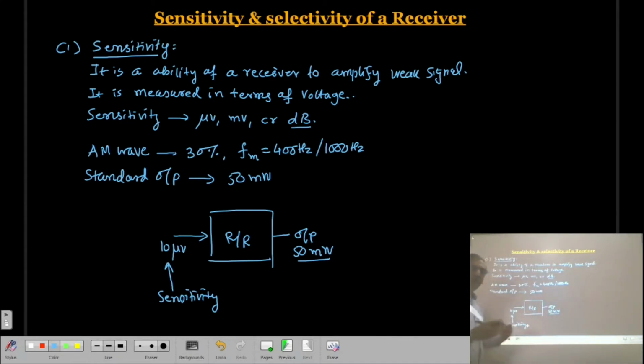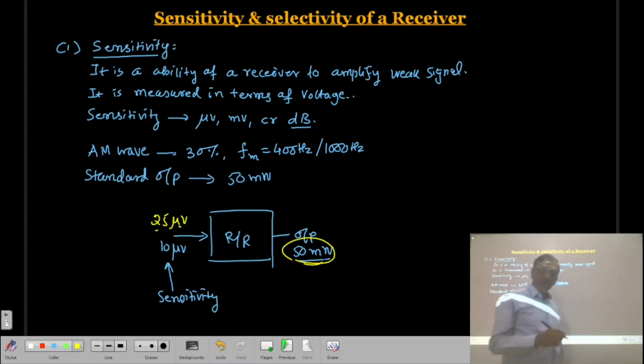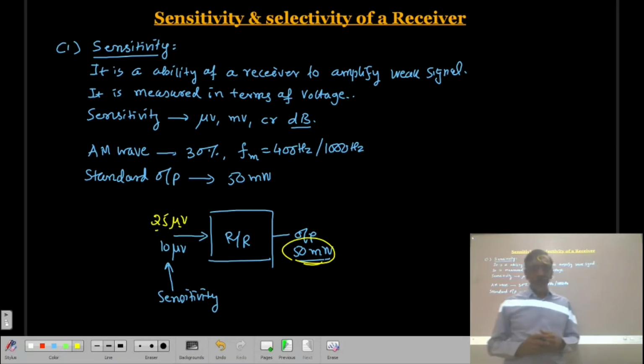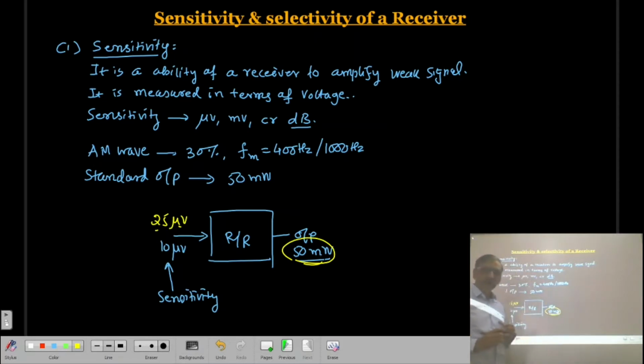Now, if you have another receiver where the required input signal is, let us say, 25 microvolt, producing the same output of 50 milliwatt, then the sensitivity of that radio is 25 microvolt. Now if you compare, the 10 microvolt radio has the better sensitivity.